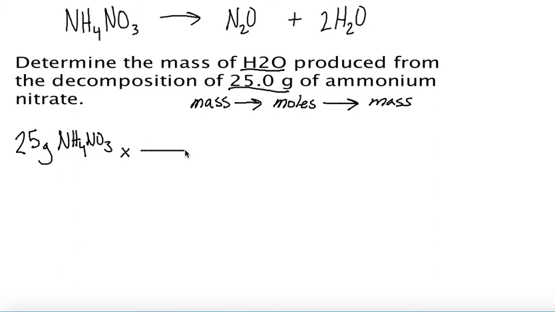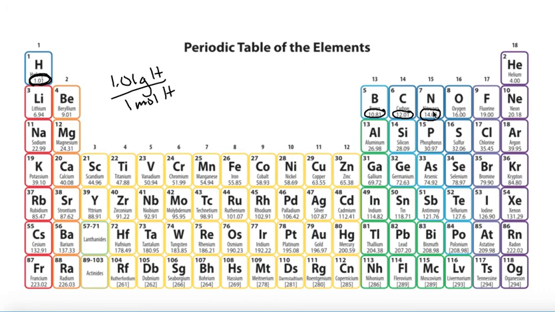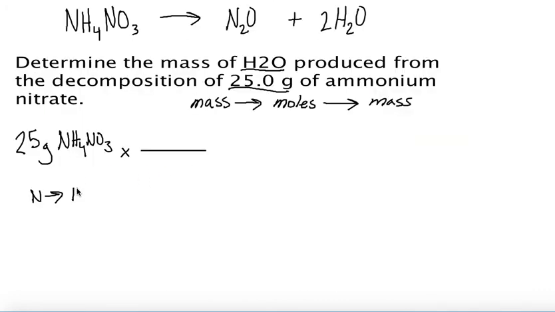Well, the way to do that is I've got to figure out the molar mass of this. So this one's kind of a big one here. So we've got nitrogen. Let's go to the periodic table here. Nitrogen 14.01. 14.01 times, how many do we got in here? We've got 2 nitrogens.